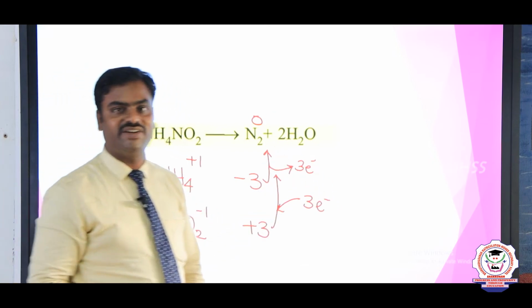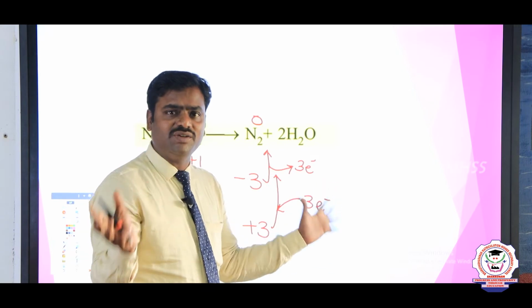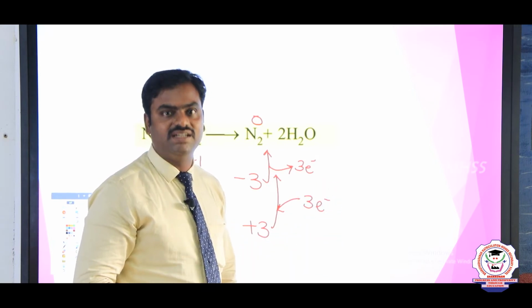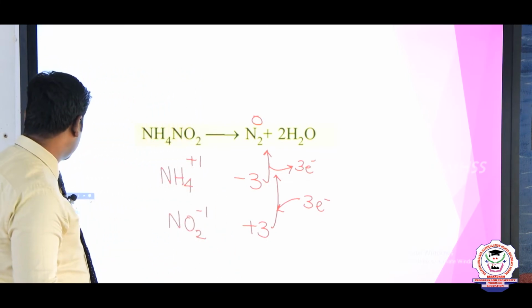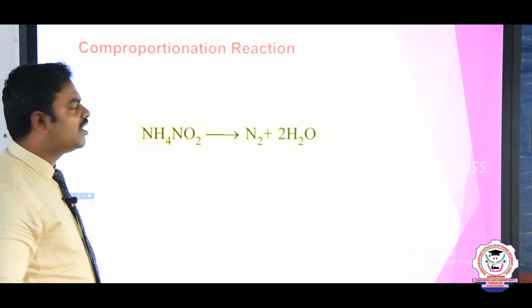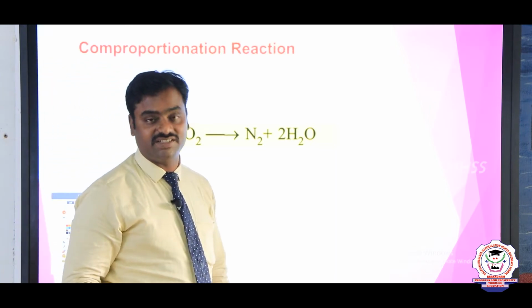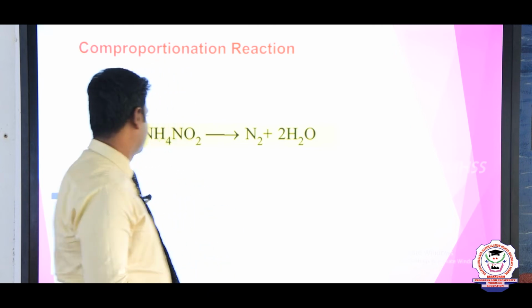Both oxidation and reduction occur and it gives only one compound. So it is actually a reverse reaction of a disproportionation reaction. These kinds of reactions are the reverse kind of reaction of disproportionation reaction.